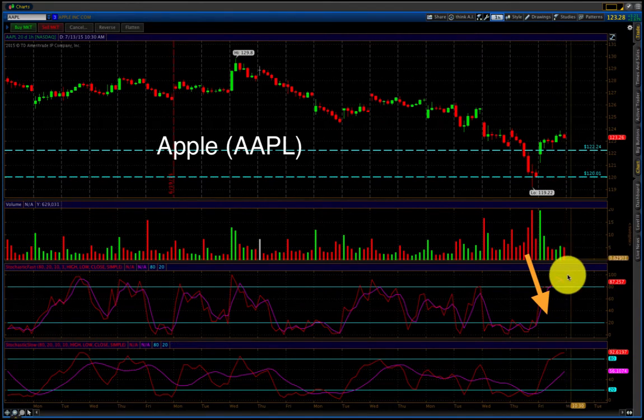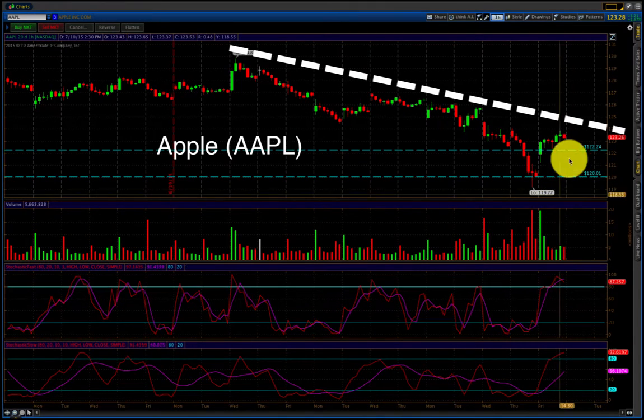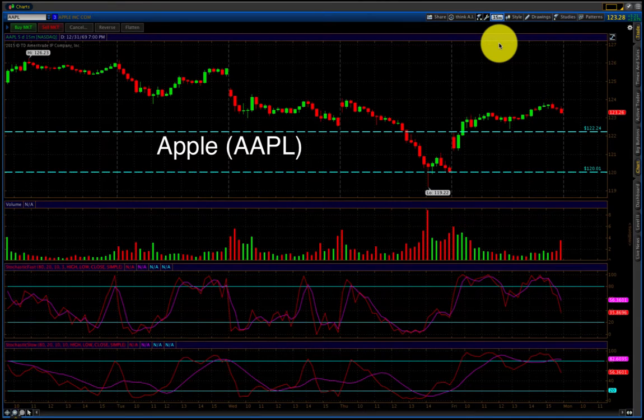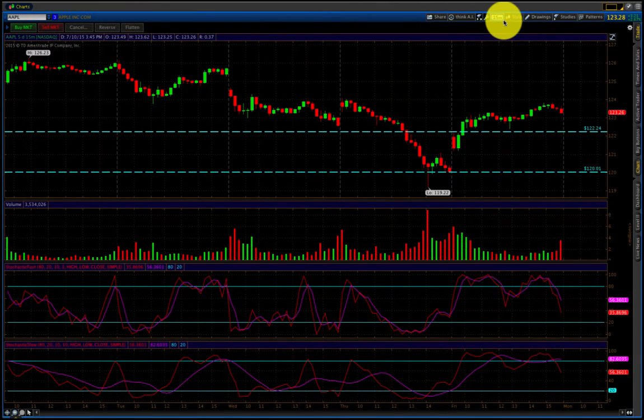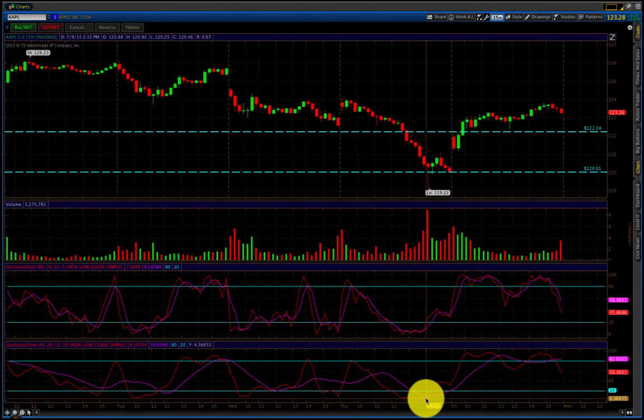Yeah, interesting. On the 1-hour chart, we already have the overbought fast crossover. In the 15-minute chart, see, even on the slow, we have an entry here.